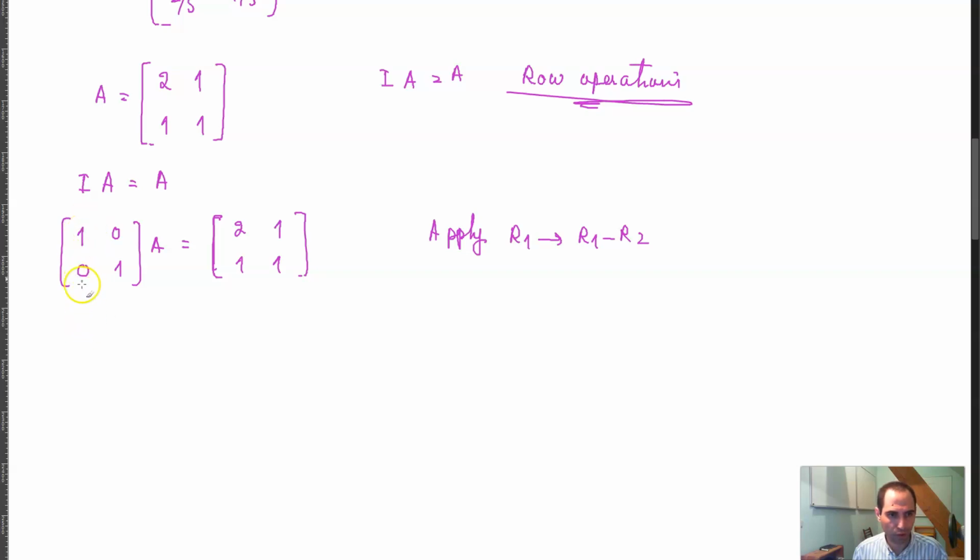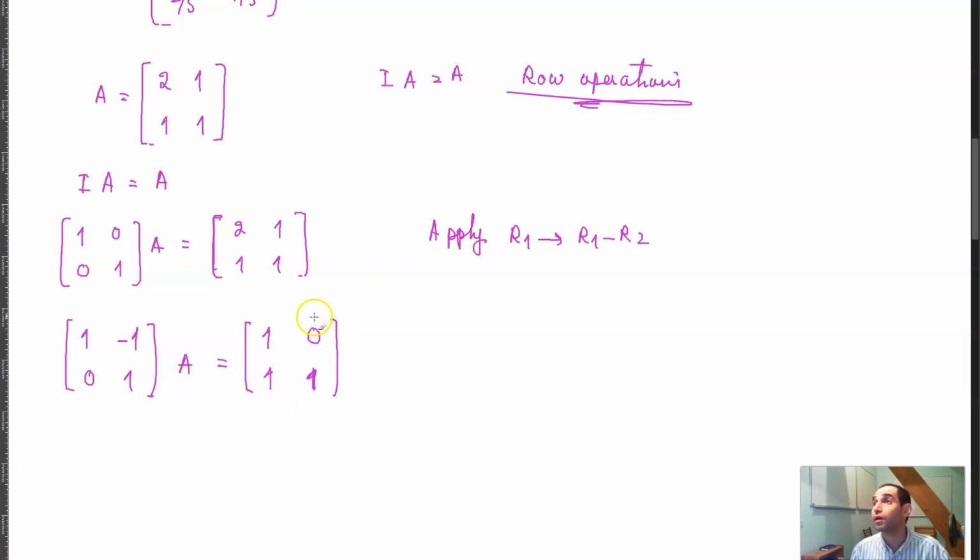So 1 minus 0 is equal to 1. 0 minus 1 is equal to negative 1. And the second row becomes the same. And you have A is equal to 2 minus 1 is equal to 1. 1 minus 1 is equal to 0. And 1, 1.